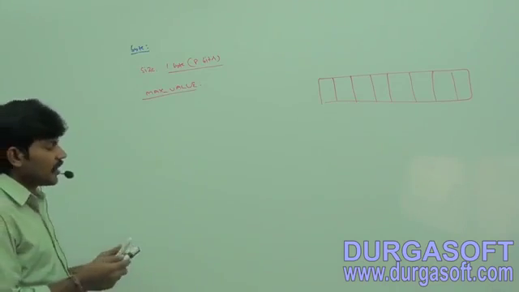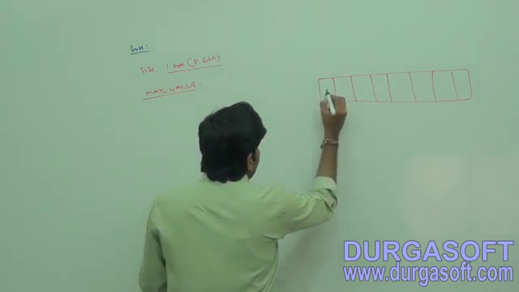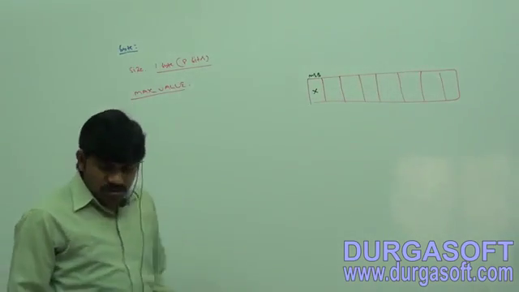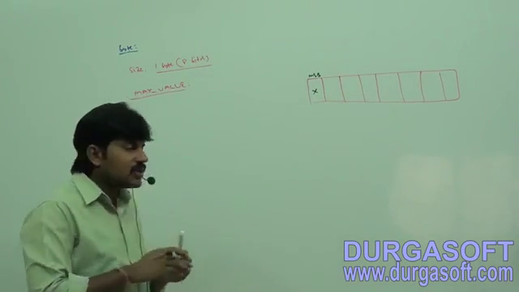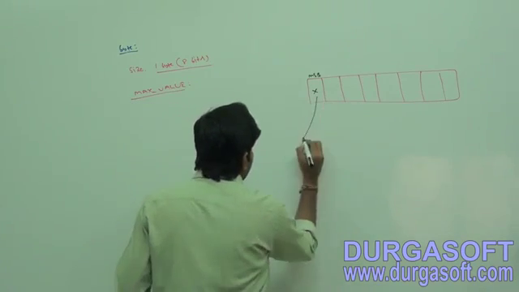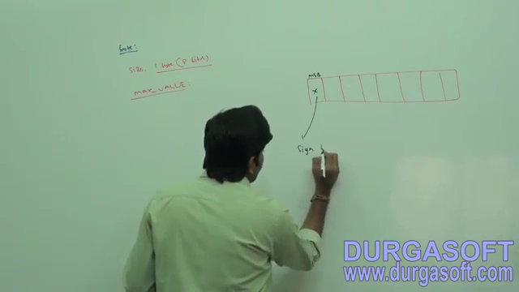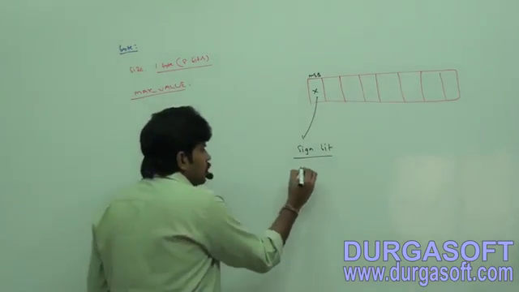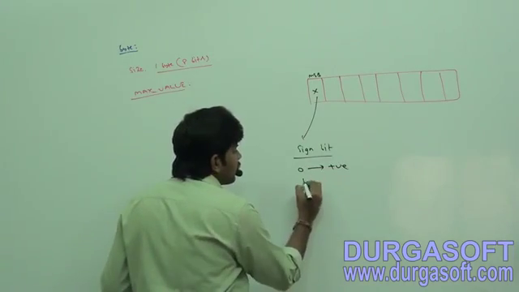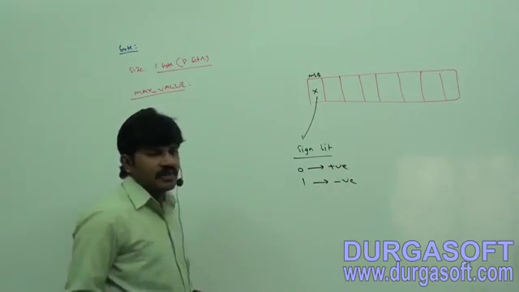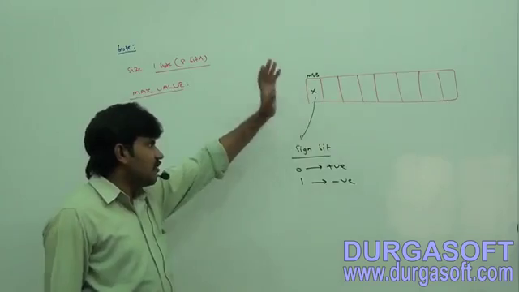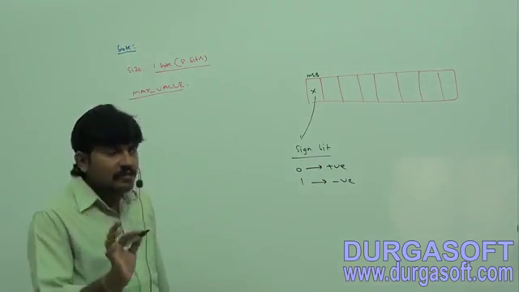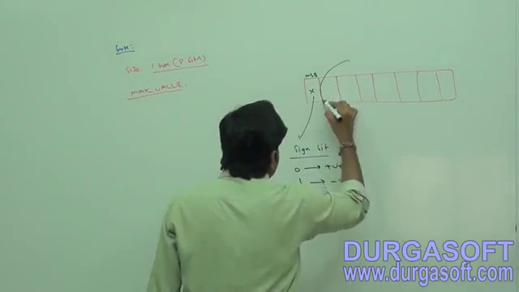The first bit, also known as MSB, most significant bit, acts as the sign bit. 0 means a positive number, 1 means a negative number. 1 bit is reserved for sign. The remaining 7 bits represent value.